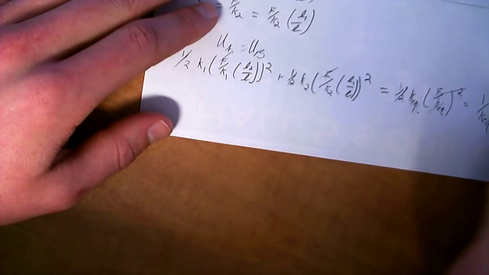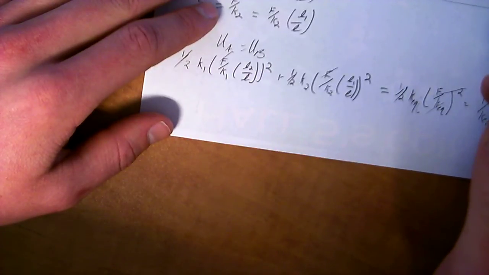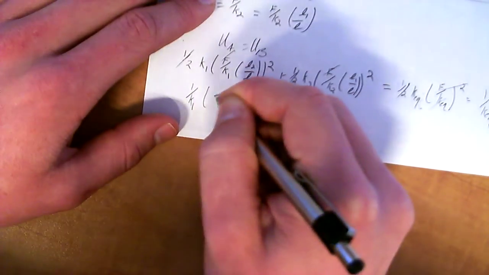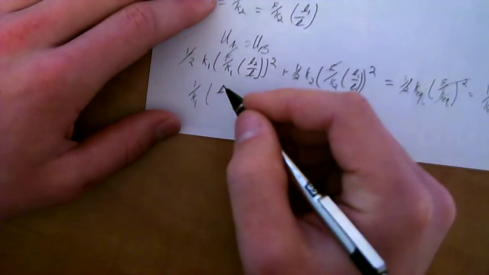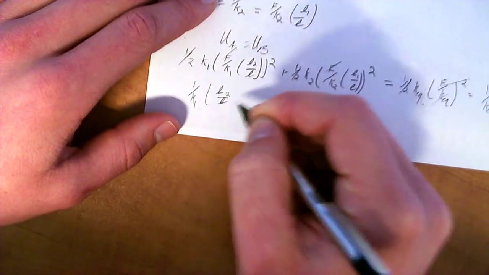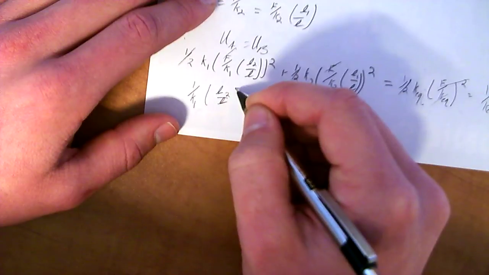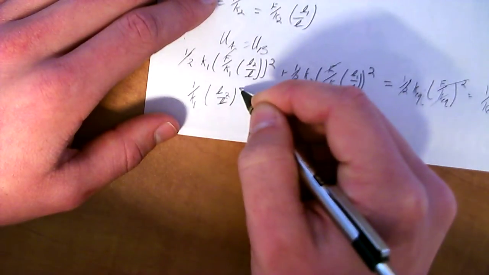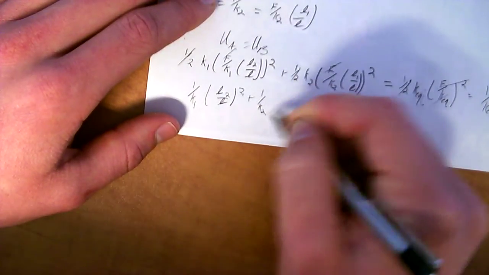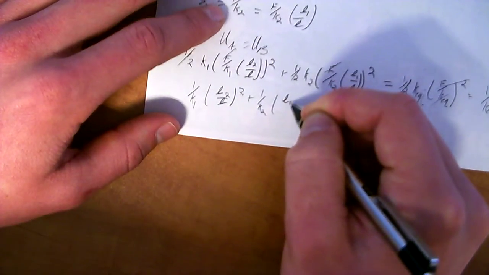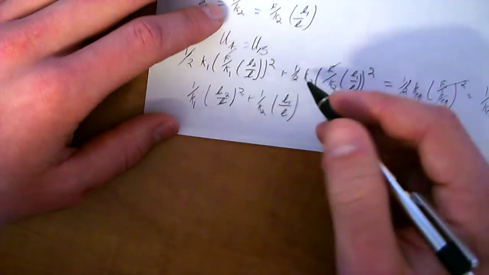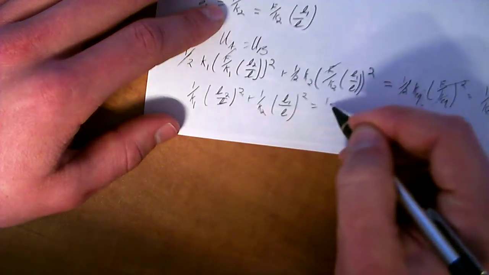Okay, so if you go ahead and finish that all up, what you should end up with is 1 over K1 times (L2 over L) squared plus 1 over K2 times (L1 over L) squared, which is equal to 1 over KEQ.